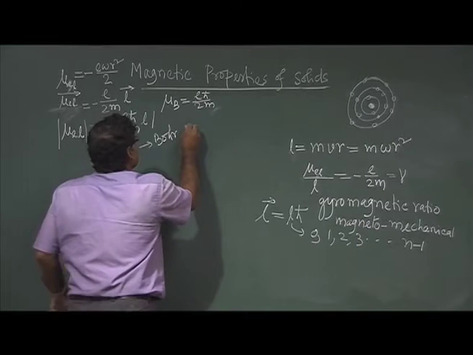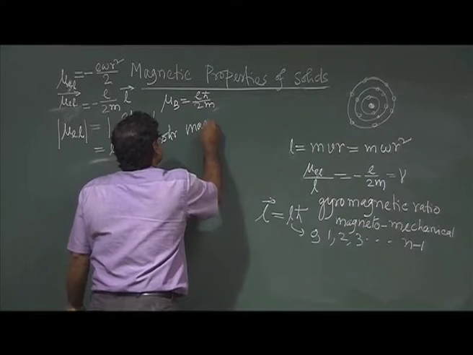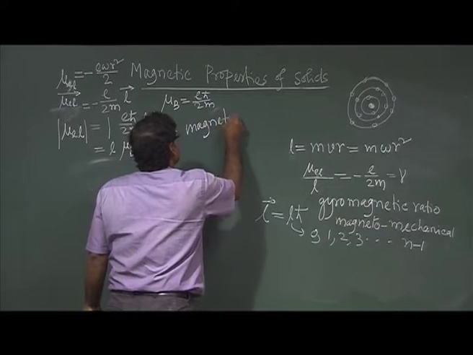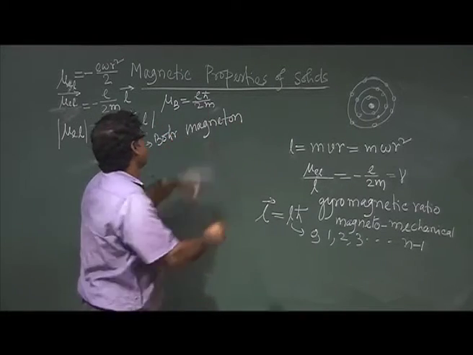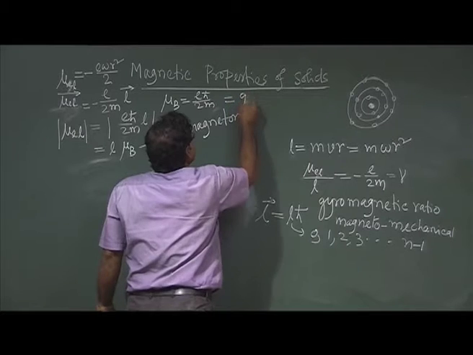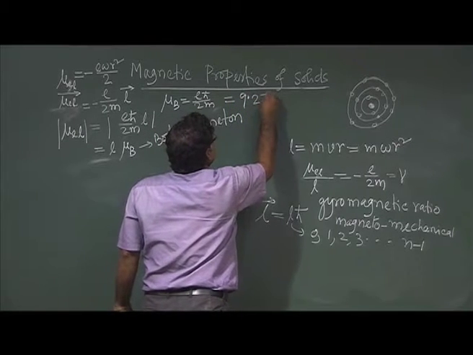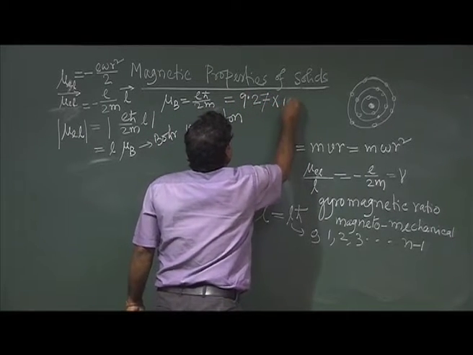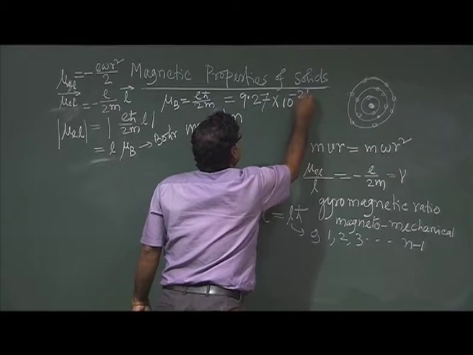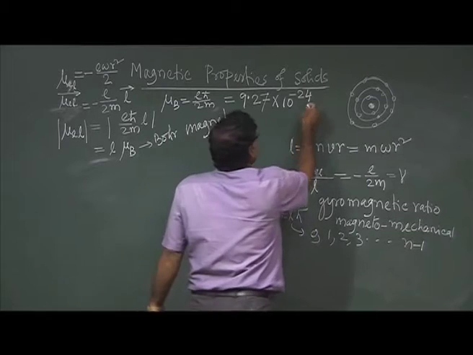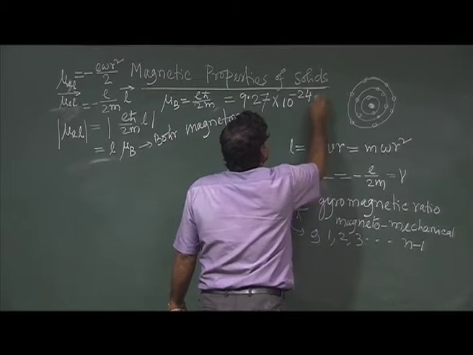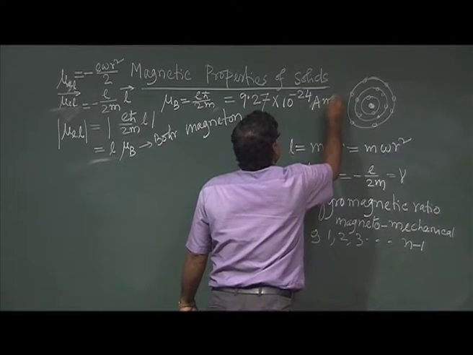So, this is called Bohr magneton, since it is constant, right. So, its value is 9.27 most probably, yes, into 10 to the power minus 24. It is a very small value, ampere meter square.